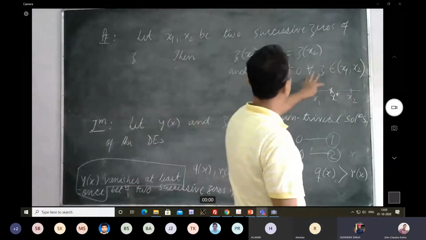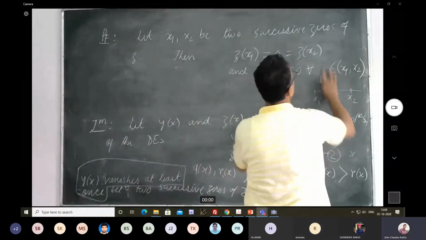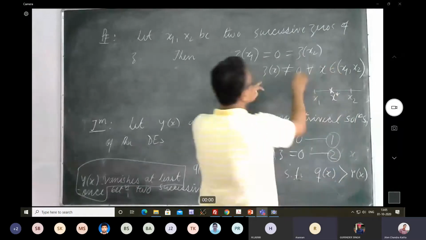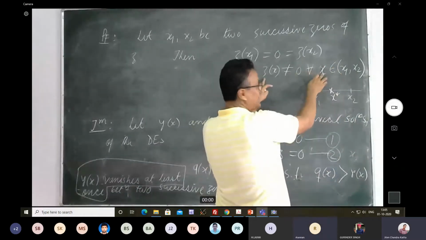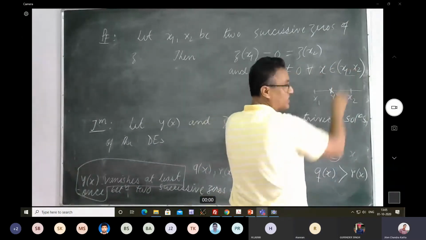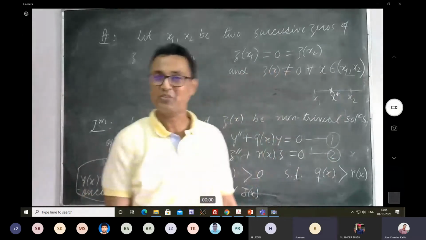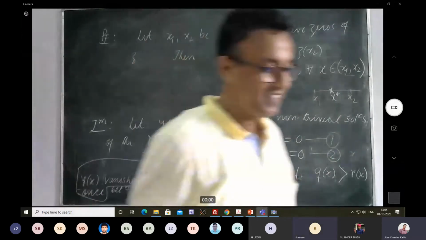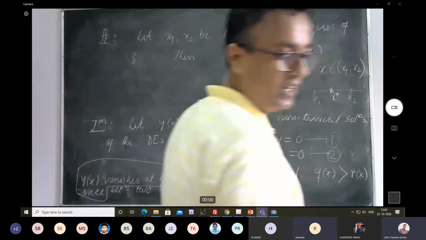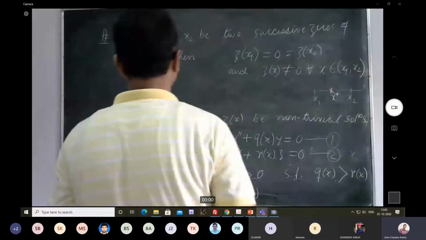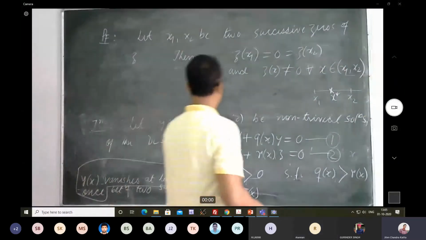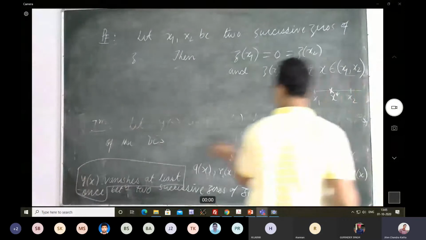If x is such that z(x) equals 0 in this interval, then I'll have another zero in between. Is it okay? Fine. So now let us assume that y doesn't vanish in that interval.